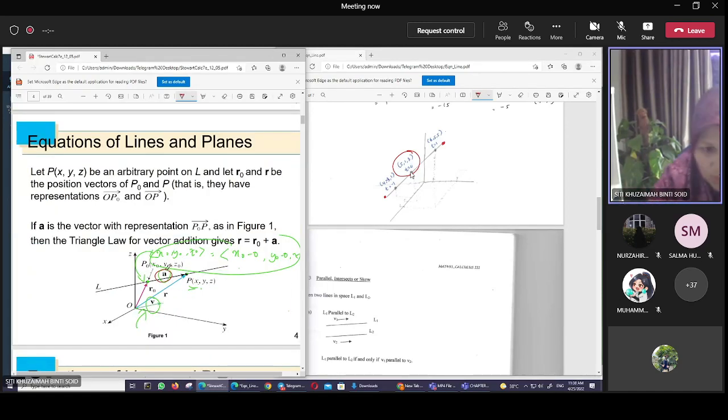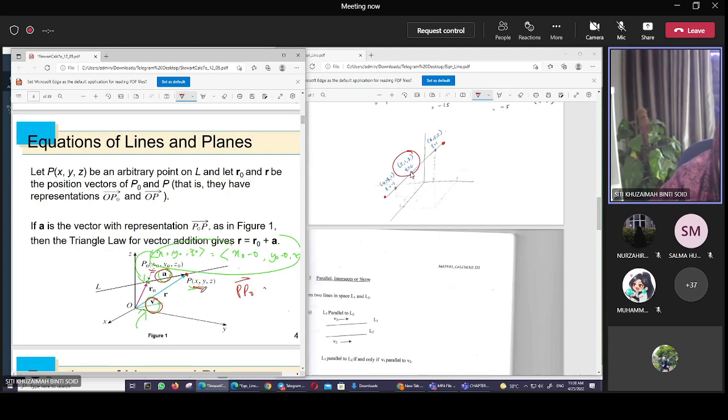Apa yang kita buat tadi tu is actually we are calculating this A lah. And this A, they are parallel. So this A can be obtained through, boleh juga ni kan. Kita ada 2 points. Kita A boleh dapat P, P0. So kita buatlah. Apa? Kan terminal minus initial. P0 minus P akan koordinat ni minus this, koordinat minus this, koordinat minus this. We get this vector. Kan? Boleh je.